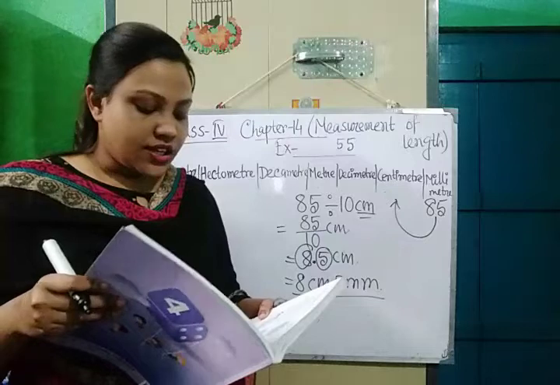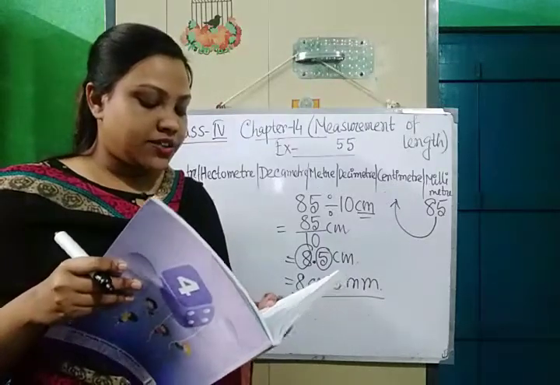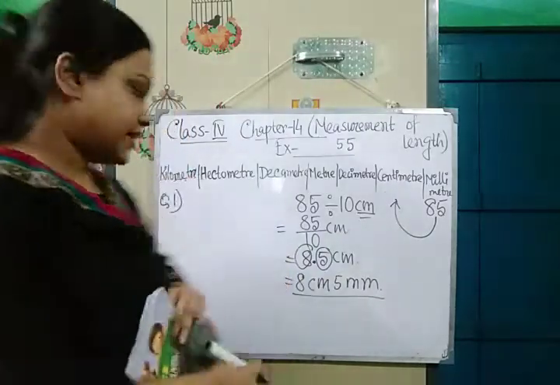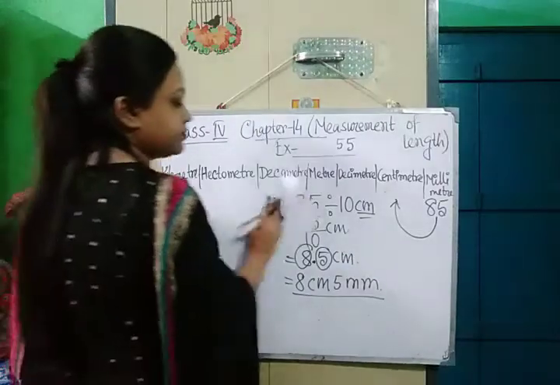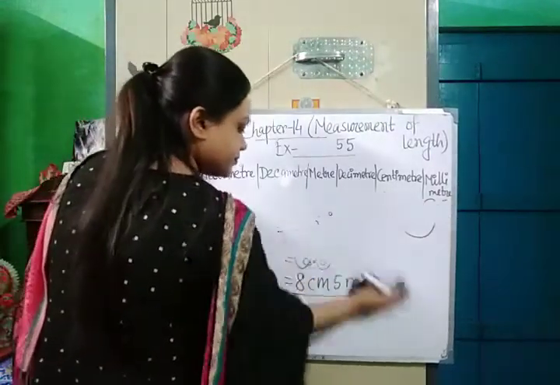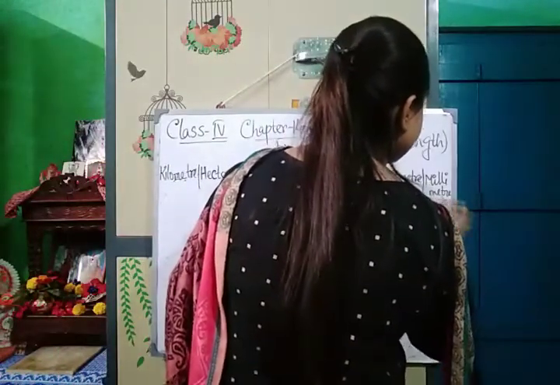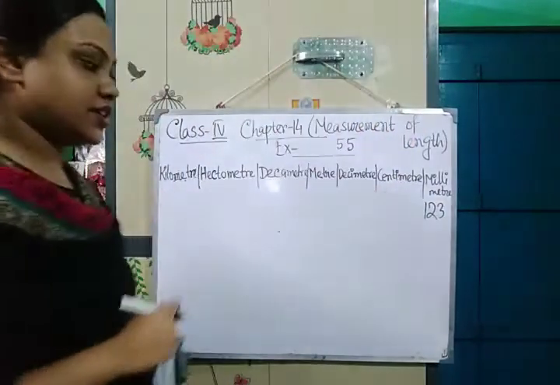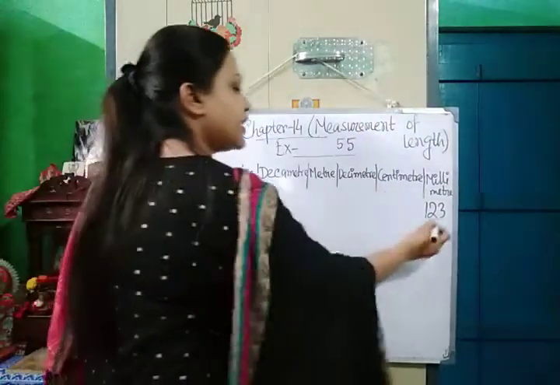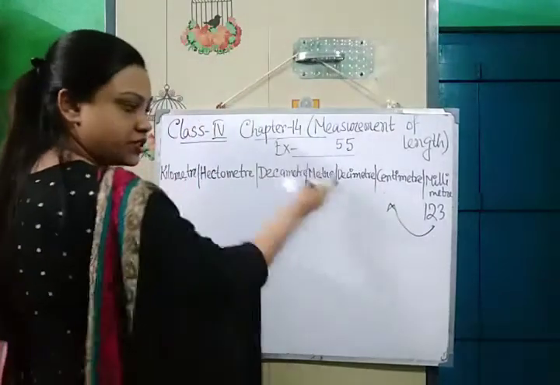Okay. Next I am showing you 123 millimeter, which is B. So we have to convert it again to centimeter. So we are moving to the left.